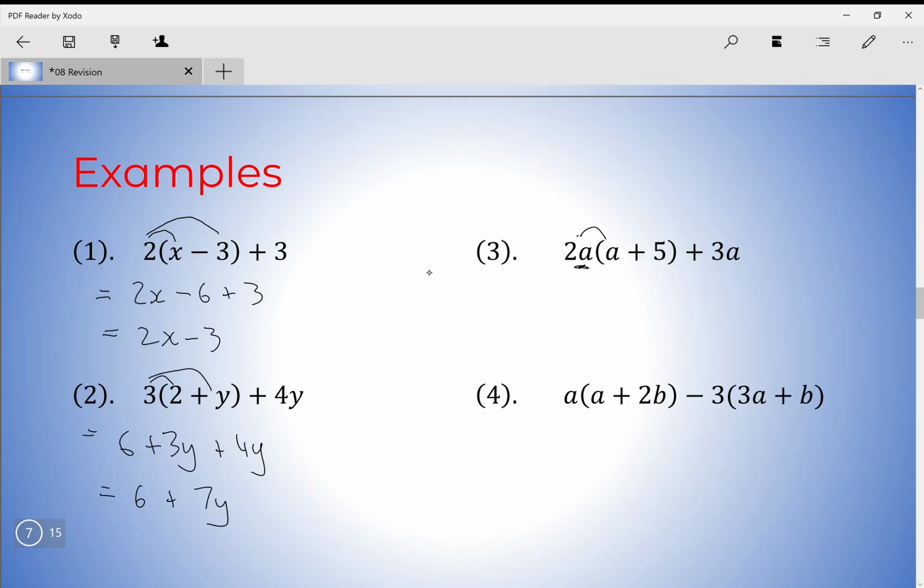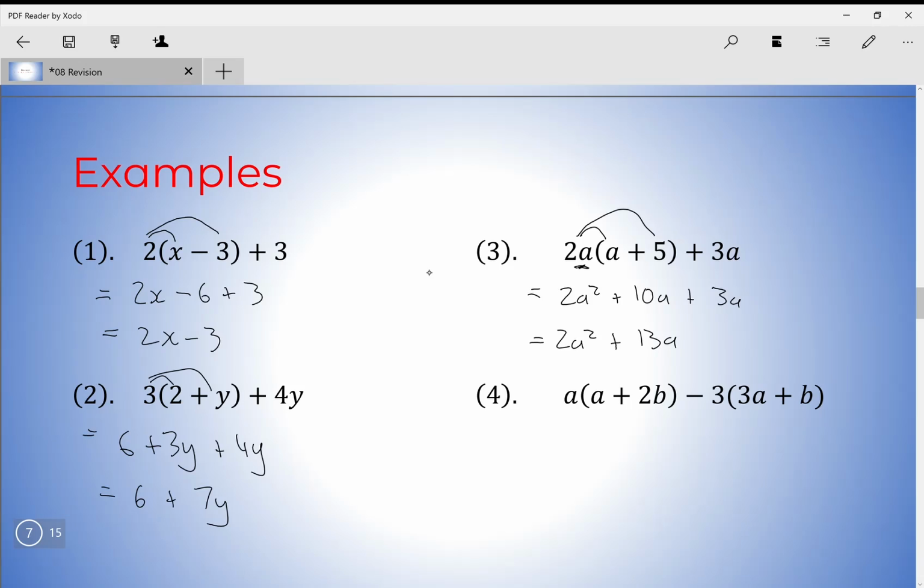We multiply the 2a into the brackets, and we end up with 2a squared, 2a times a, and 2a times 5 is just 10a. Then we have a plus 3a here that was outside our brackets, so now we collect like terms again. 2a squared plus, add the coefficients of a, 10 plus 3 is 13.